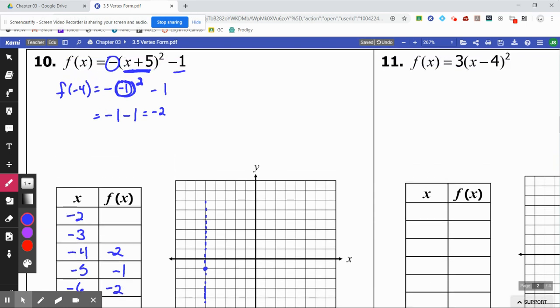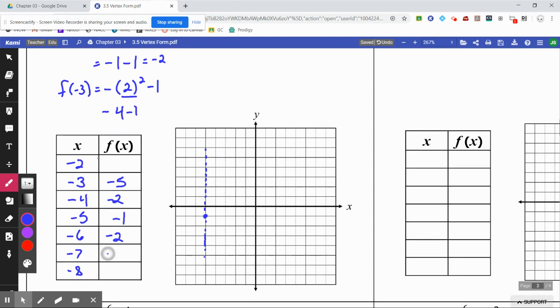F of -3, leave the negative. Inside of parentheses, you have -3 plus 5, which would be 2. Square first, that would be a -4 minus 1, which is a -5. And you can look for patterns here now if you'd like to.